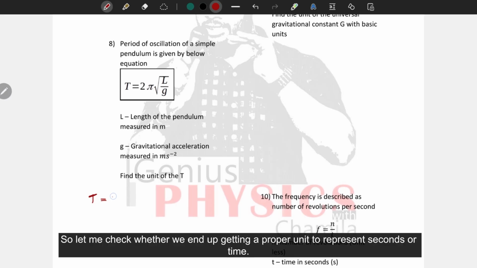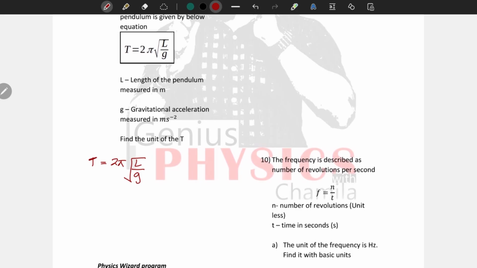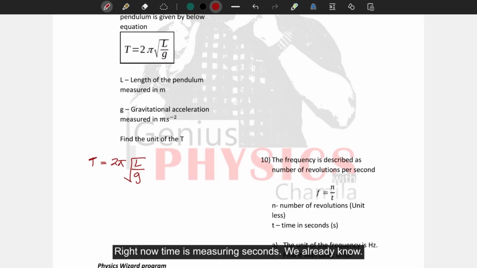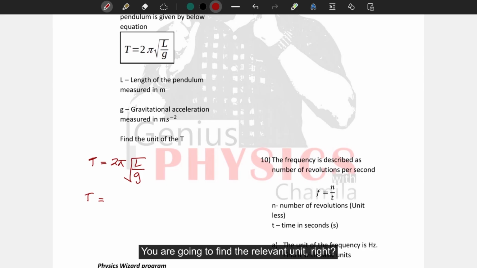Let me check whether we end up getting a proper unit to represent seconds or time. Time is measured in seconds, we already know, and let's try to get a relevant unit. Imagine you don't know anything about t. It's something strange, a stranger. You are going to find the relevant unit. So t is equal to 2 pi, which doesn't have a unit.